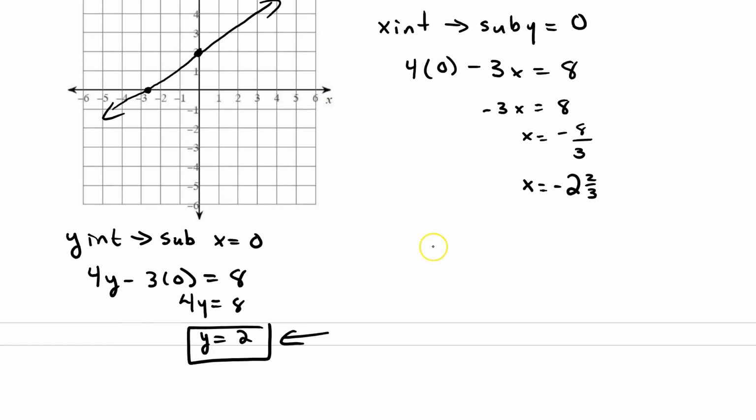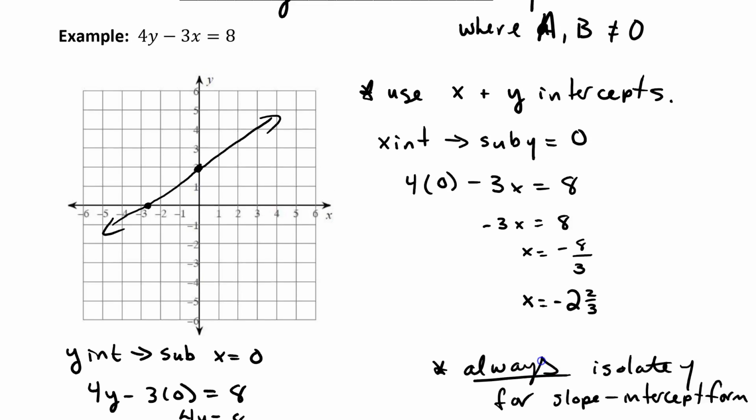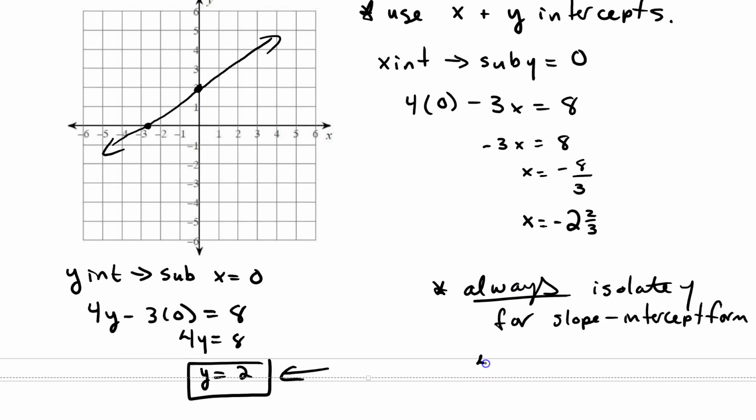Now you can always isolate y for slope-intercept form. So the way that we would do that is I would just say 4y minus 3x equals 8.